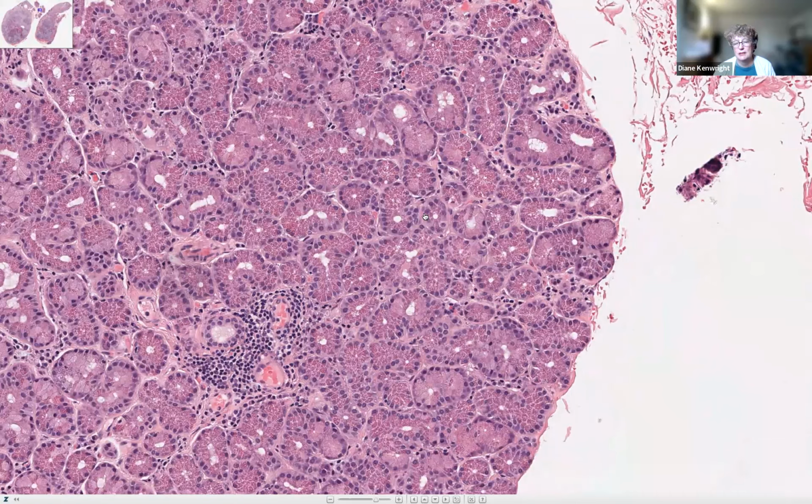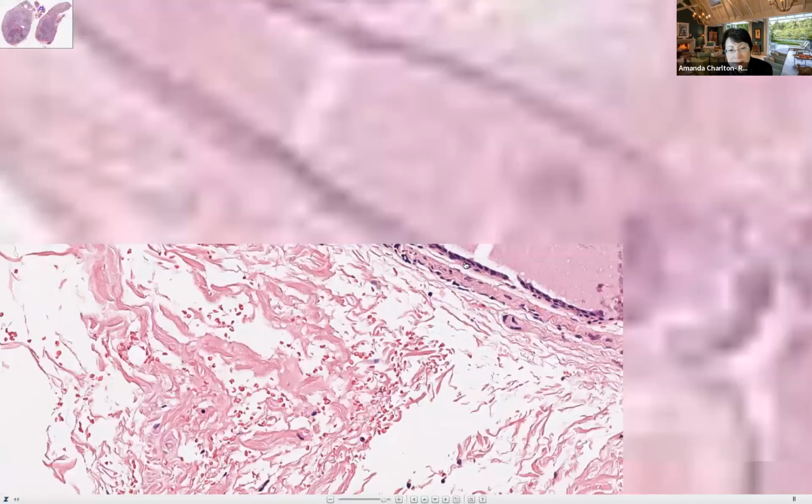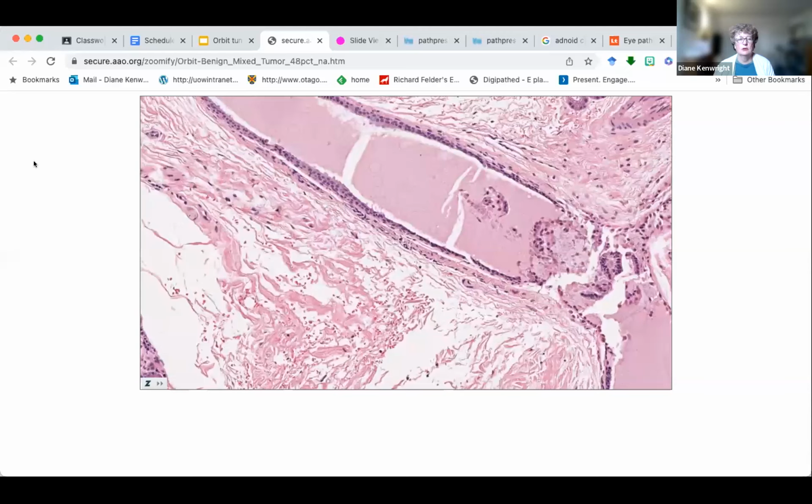I should have taken you to a big duct. Big ducts are easier, aren't they? But we can look at that when we look at our individual cases too. Okay, so using escape, I will go back to here.